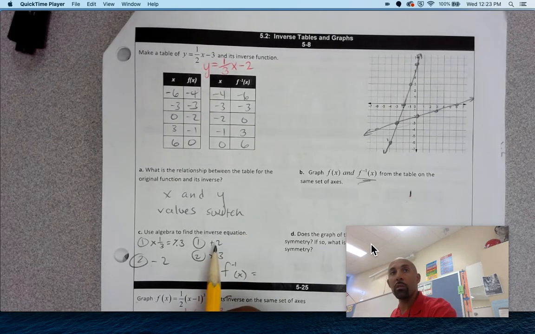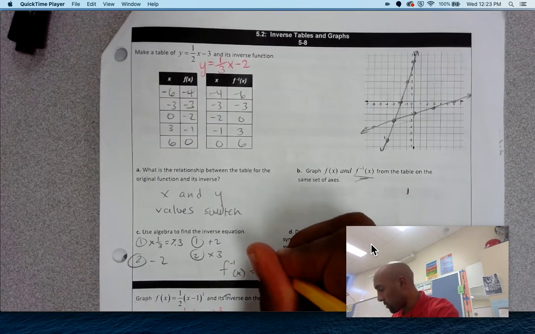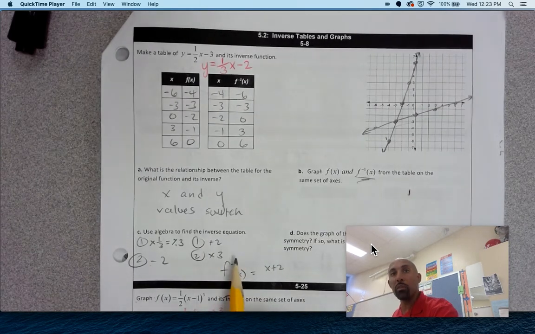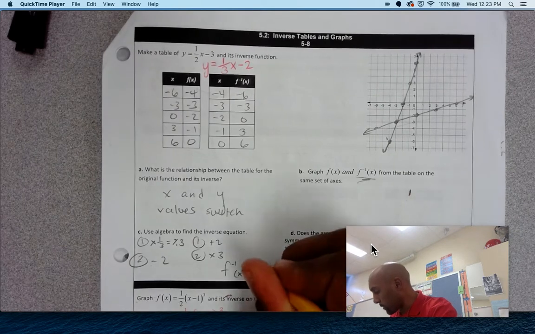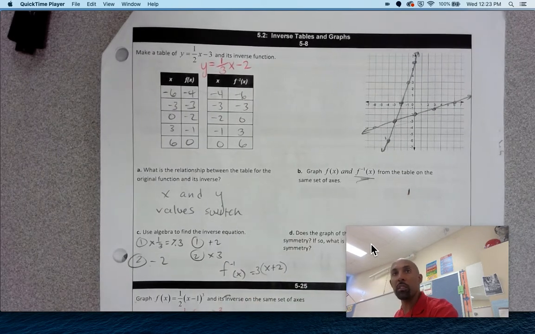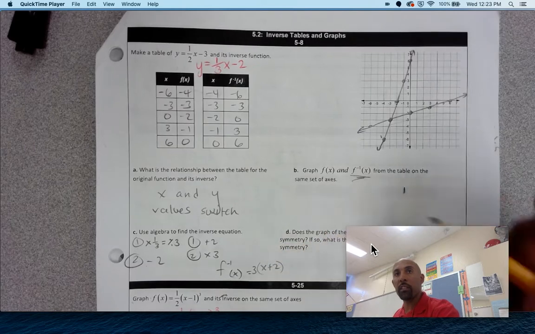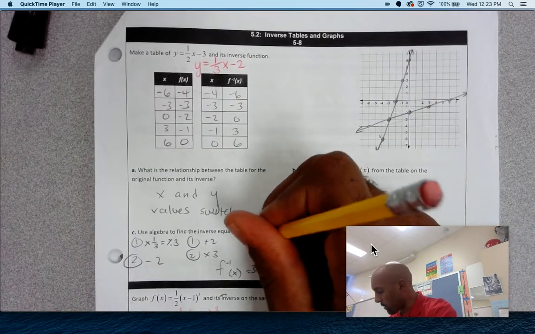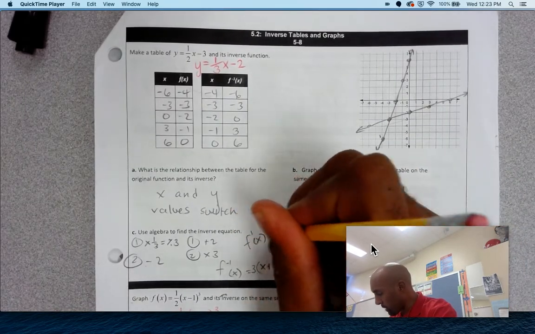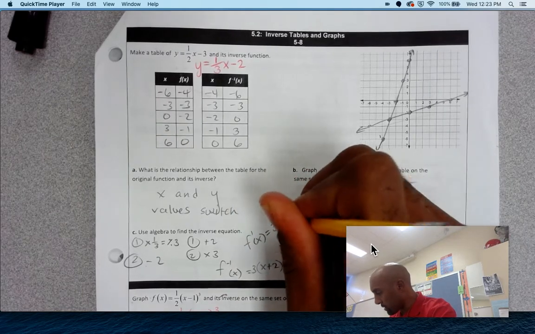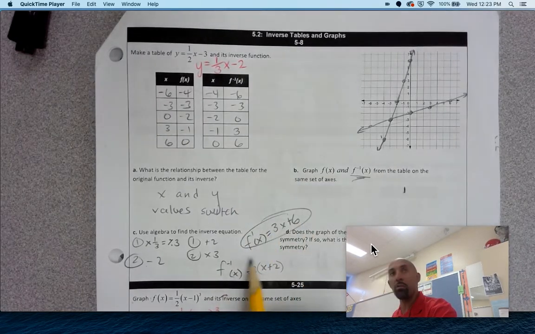The first thing I'm going to do is take my x and add 2. So I write x plus 2. And then I multiply by 3, so I multiply everything here times 3. If I want to simplify this, I could write it out: f inverse of x equals 3x plus 6. Again, all I did was distribute that 3.